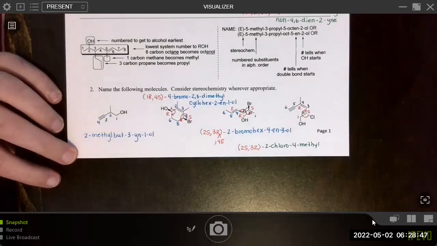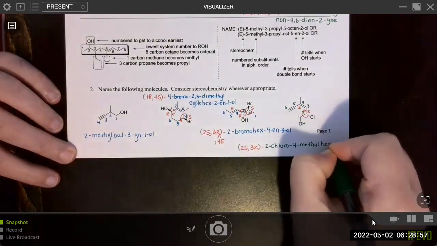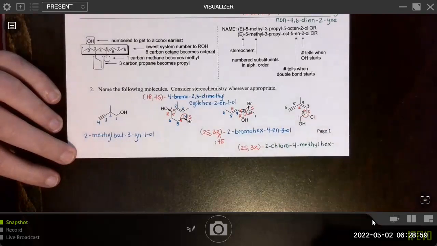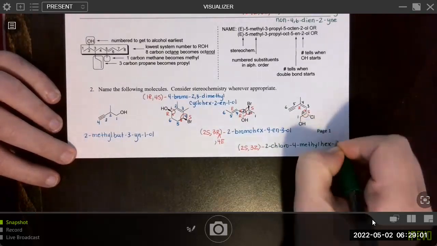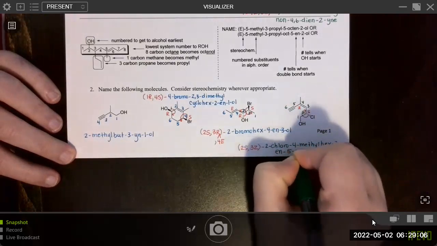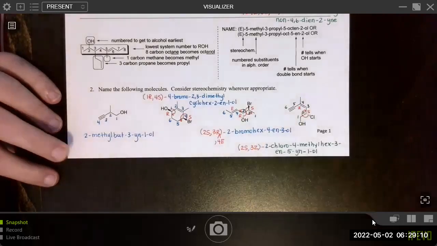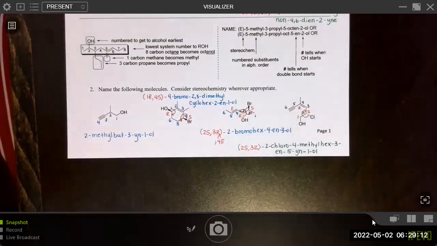Ene comes before yne, alphabetically E before Y. And then the alcohol is the highest priority group, so it comes last. So we have hex, and then we have 3-ene, 5-yne, 1-ol. Right.